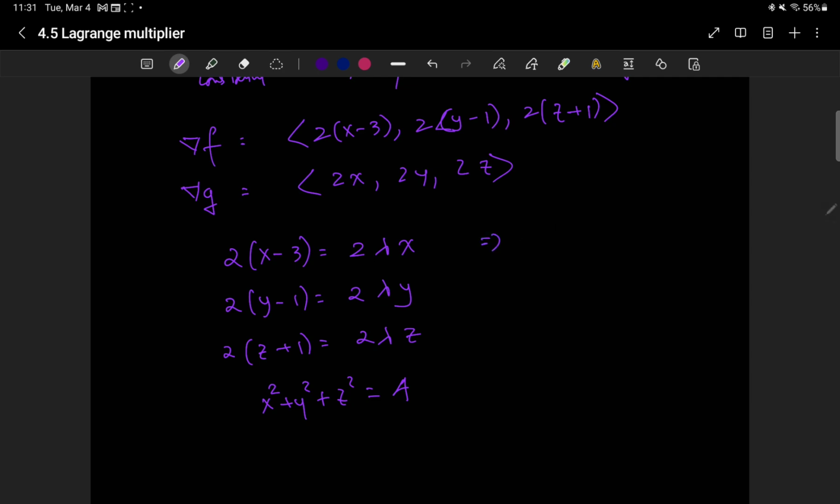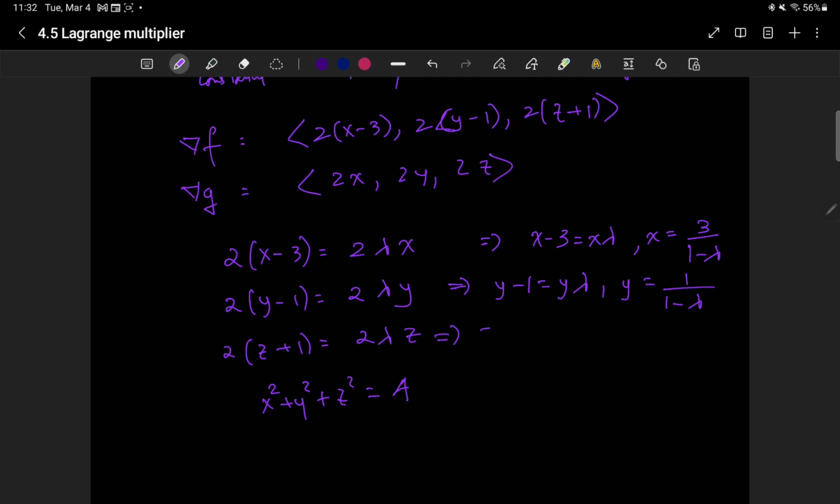Right, so let's see, what does this give? x minus 3 is x times lambda, so if I solve for x, it is going to be 3 over 1 minus lambda. This gives me y minus 1 is y lambda, and y would be 1 over 1 minus lambda.